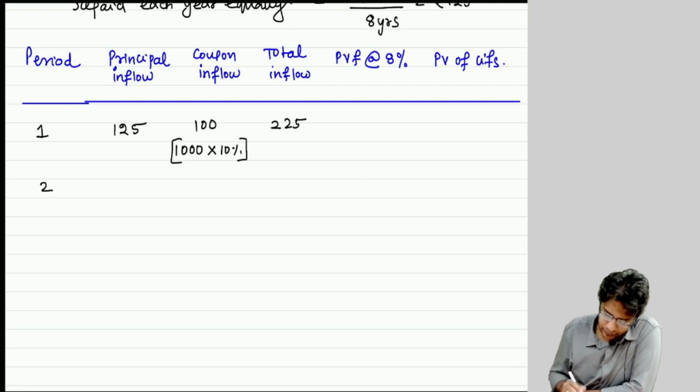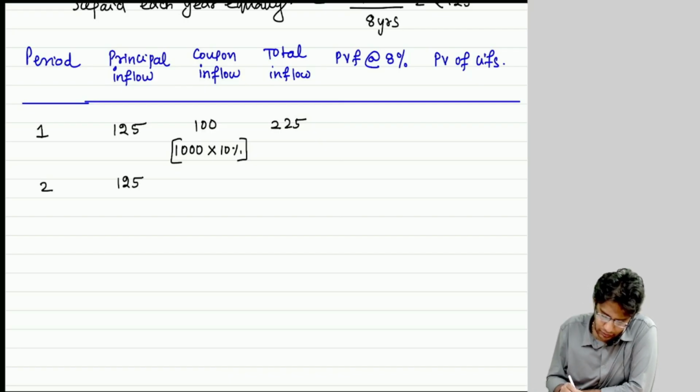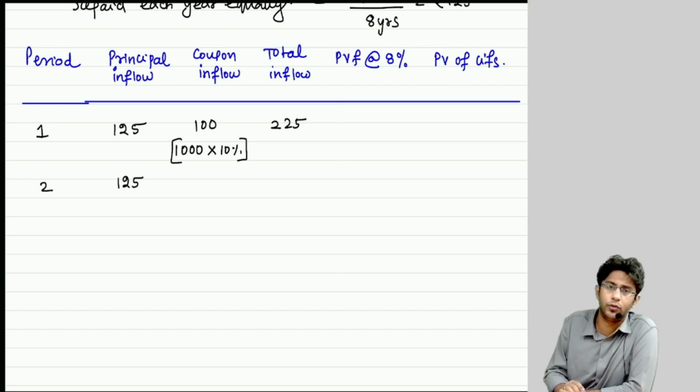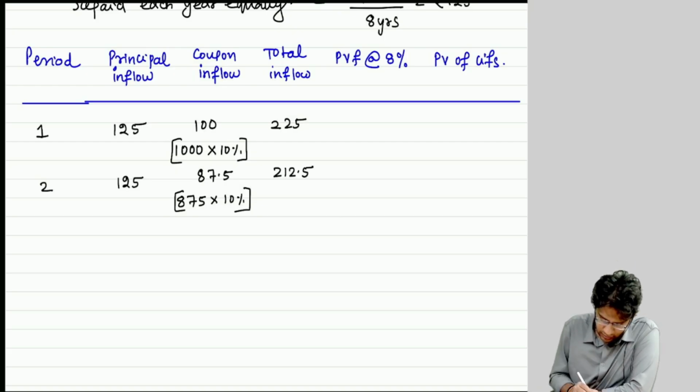Second year, another 125 you will get. But this time interest you won't get 100, because out of 1000, last year ending they paid you 125. Outstanding balance is only 875. On 875 rupees, 10%. So that's 87.5. This will be 212.5.